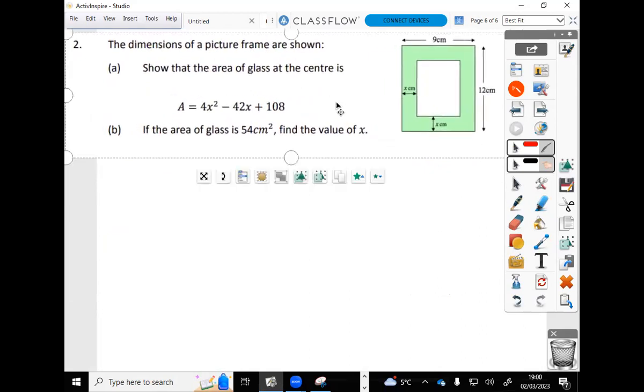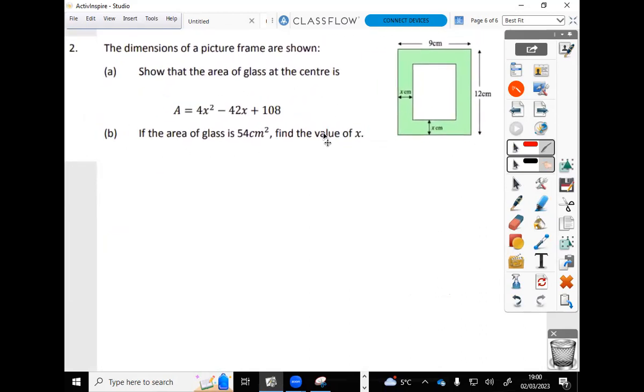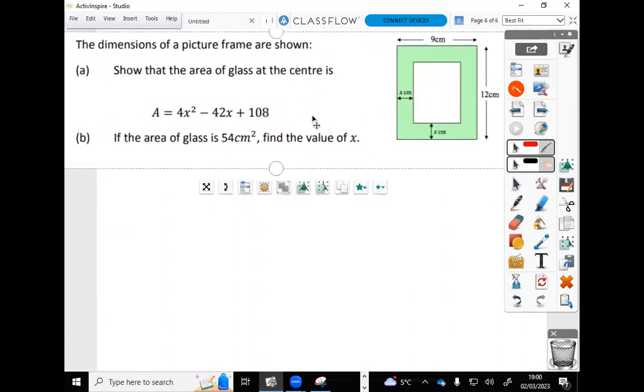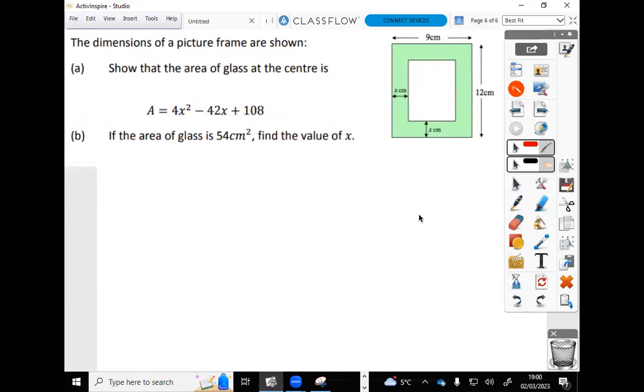It's on this sheet that I handed out the other night, one of the sheets. Right, have a wee go at that. What makes this even more horrible, I think, is the fact we've got the full width and we're going to take away the two x's.